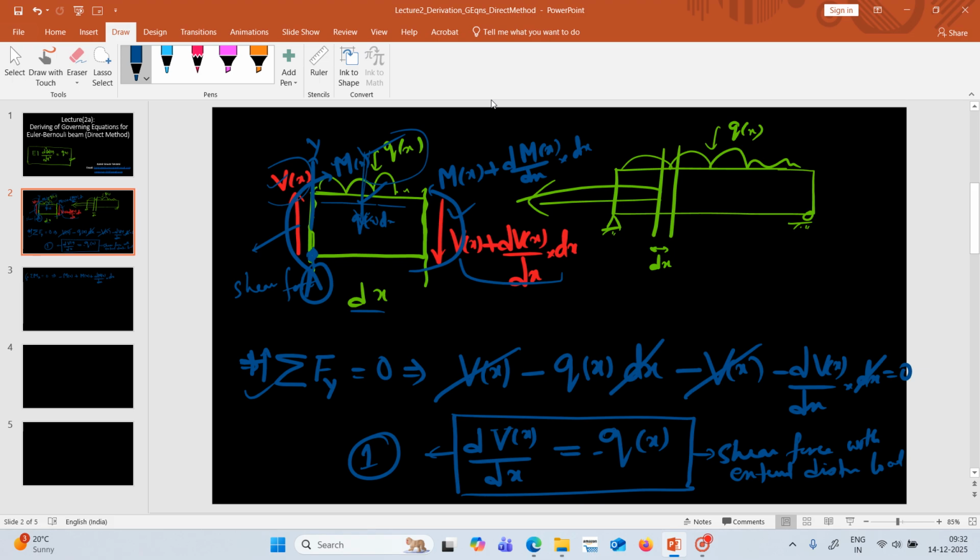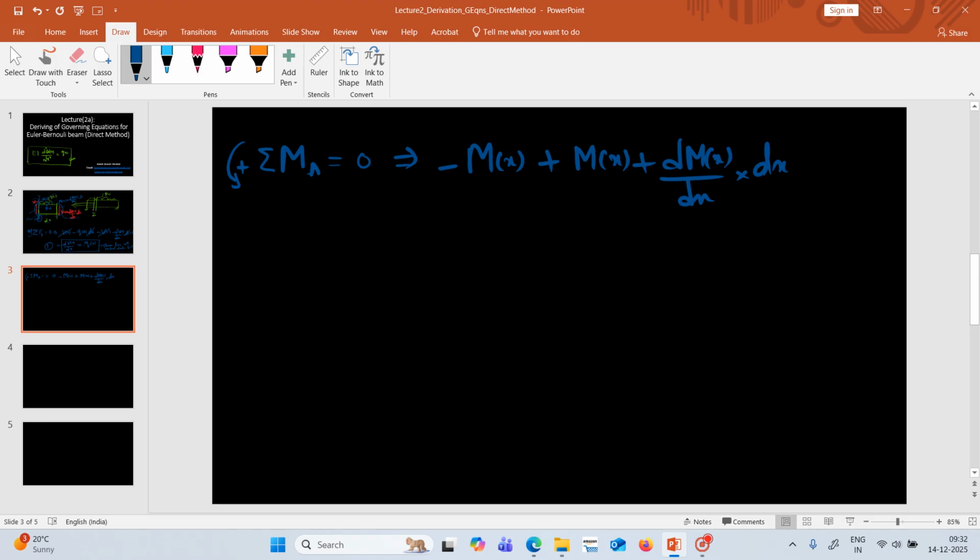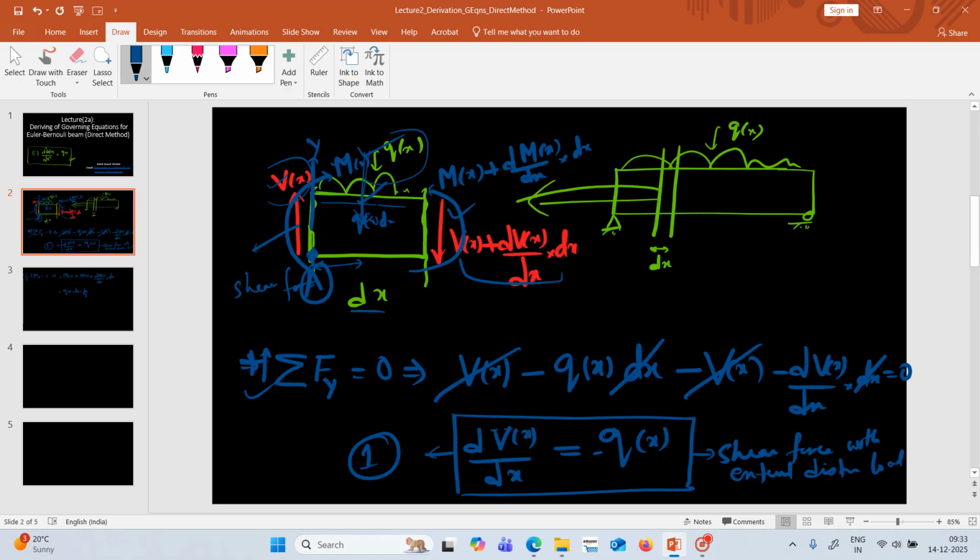The distance from this point would be dx by 2. That gives a clockwise moment, so minus q(x) into dx into dx by 2.